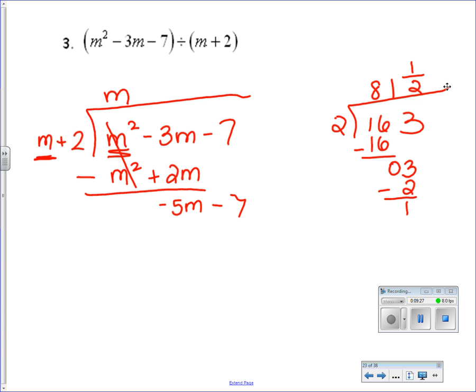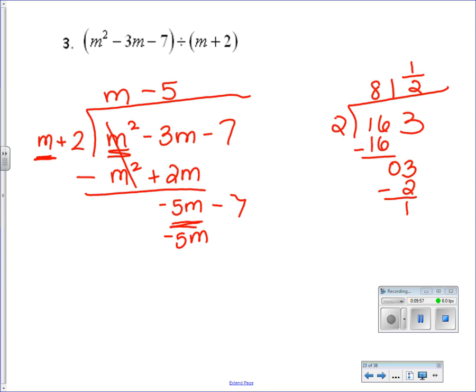Yep. Okay, next. So now we want m to make this. So what do I need to multiply m by to make a negative 5m? Negative 5. Okay. Okay. And then multiply down. So negative 5 times m is negative 5m.